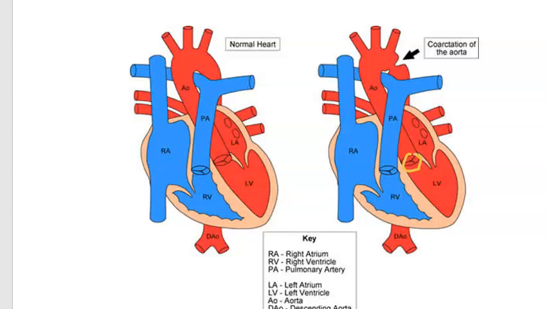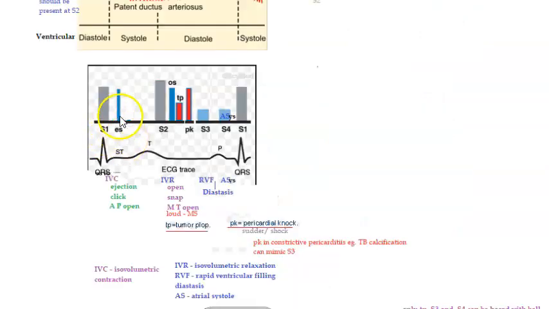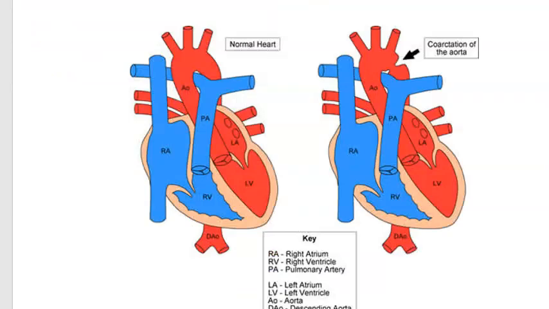Whenever it opens, it will give an ejection click. After S1, you have the ejection click. The ejection click comes when the aortic or the pulmonary valves open. So if you're hearing this ejection click along with the systolic murmur, the valve may be a bicuspid valve. Did you understand? Shall we continue?